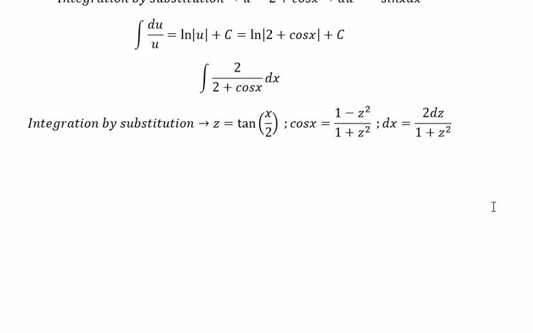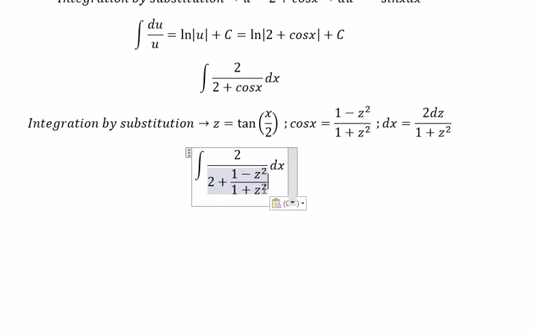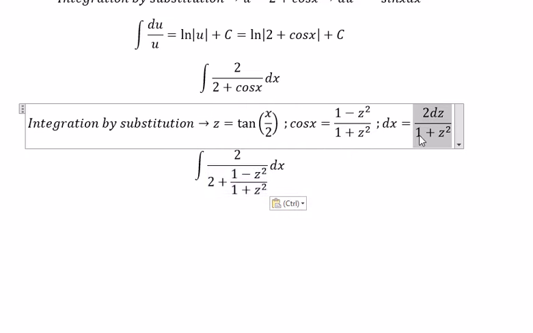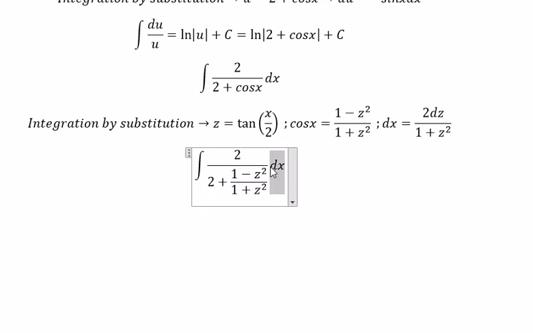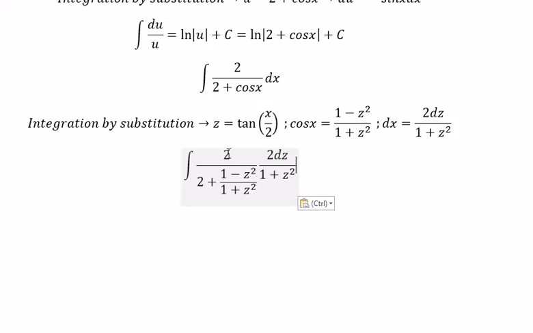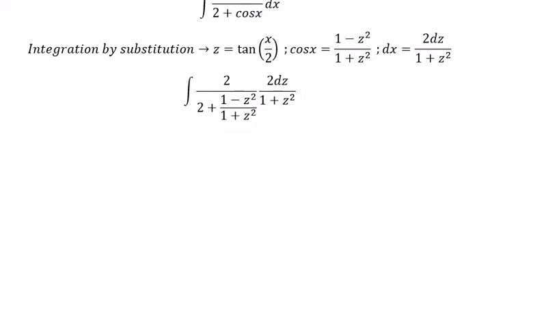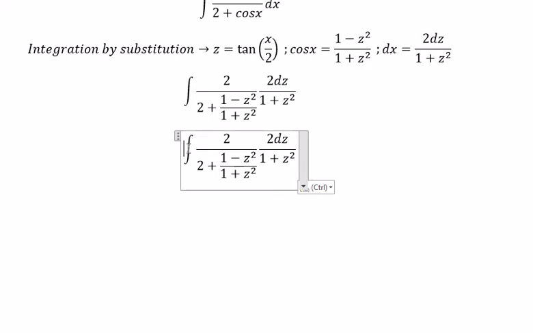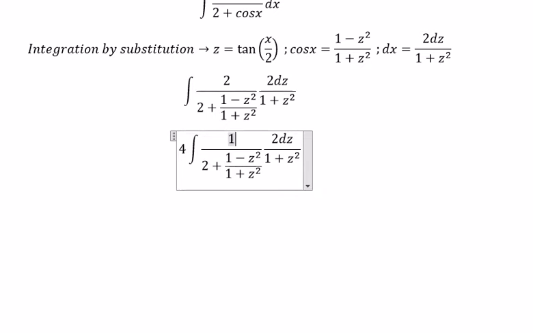So for this one, we put this one in here. dx, we change for this one. We have 2 multiplied with number 2, so you get number 4. We put in here 1 plus z square multiplied with number 2 and this fraction in here.